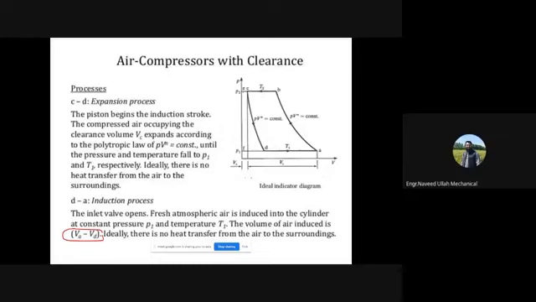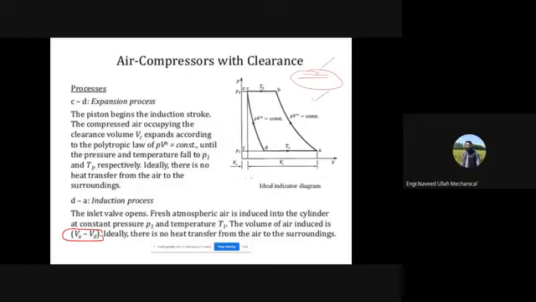So you can see here almost this is the same diagram, okay, but a little bit different. How it is different? Because of this clearance volume. So you can see here, one is that over there we were having induction, compression, and delivery stroke, right? So 3 strokes were there.